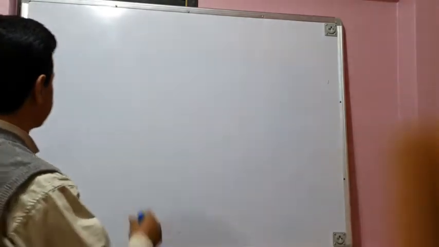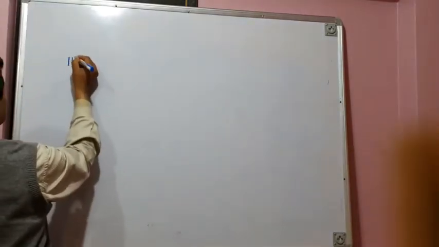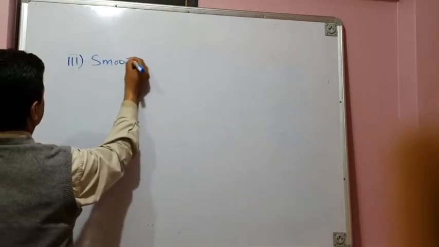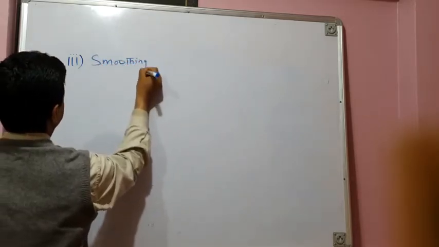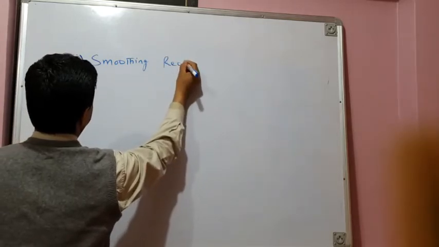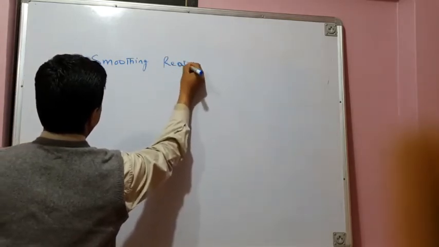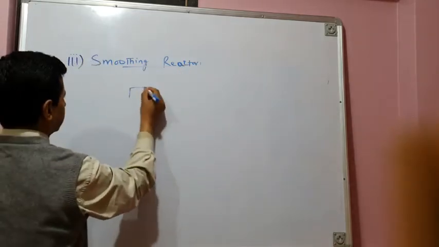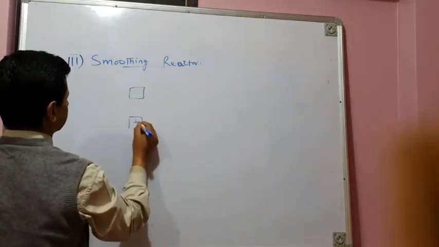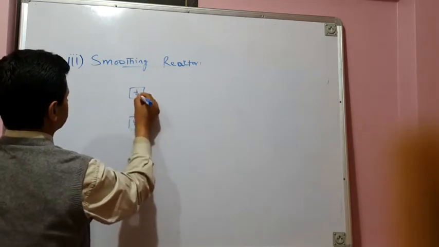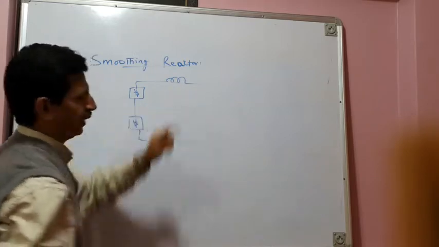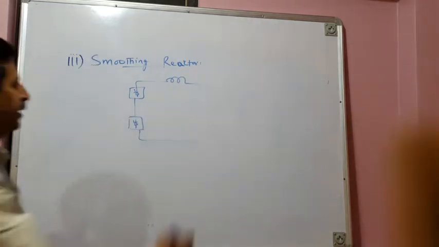The third important part that we are going to discuss today is the smoothing reactor. You have seen in the last lecture an HVDC system like this, a bipolar HVDC system, and we have a smoothing reactor, LD.